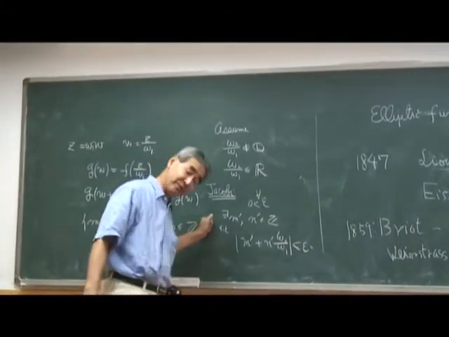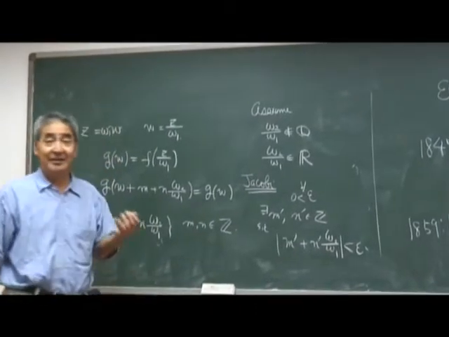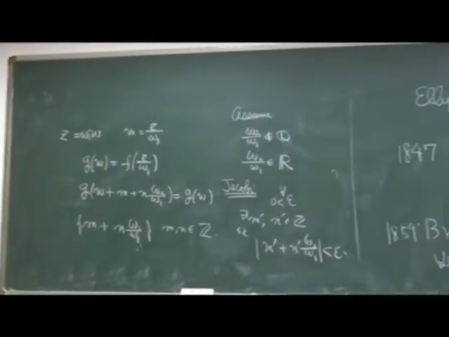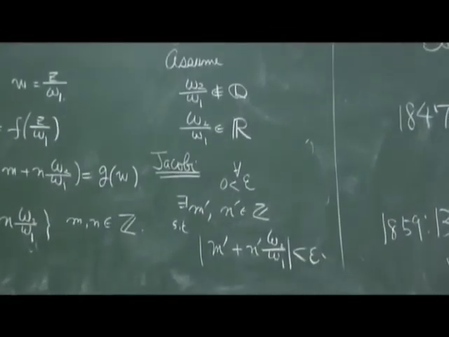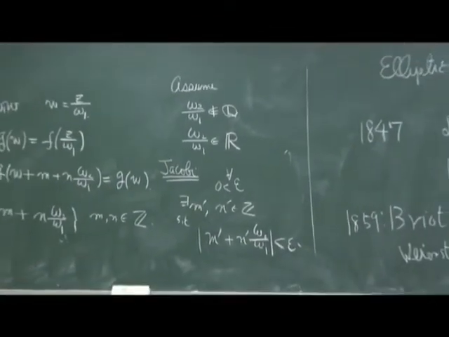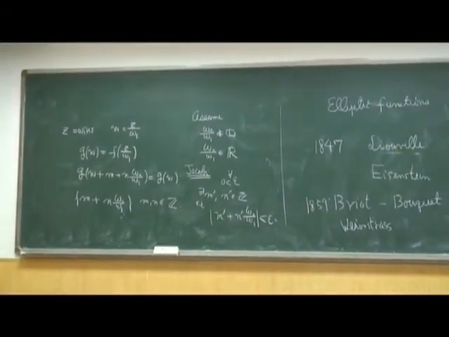So this is a very good exercise, so please try. If you have an irrational number, and then m plus n times the irrational number, you can find.